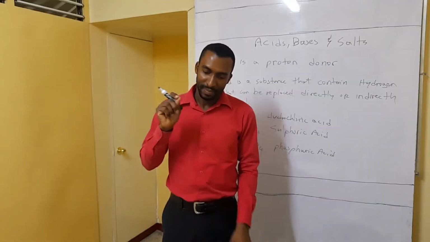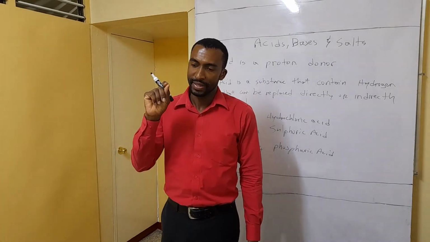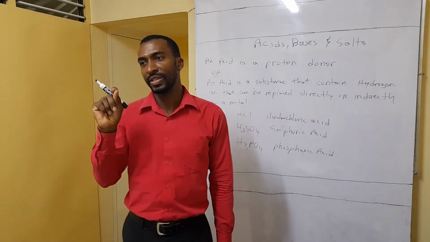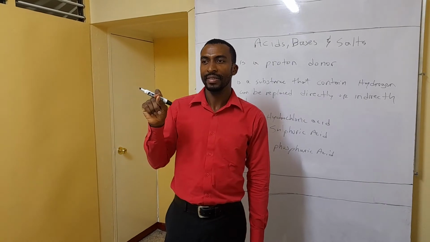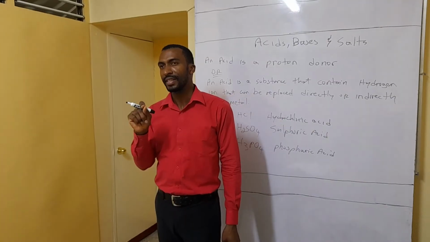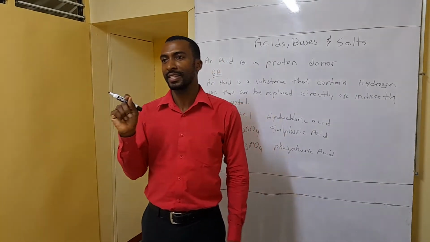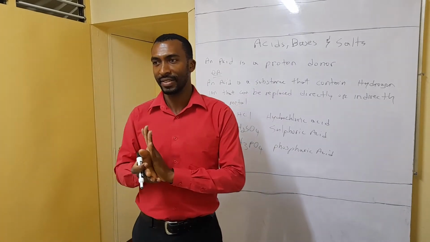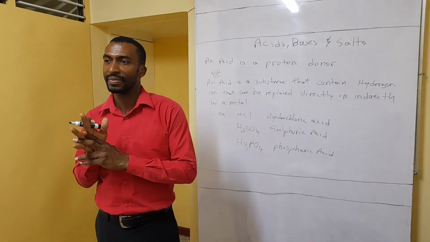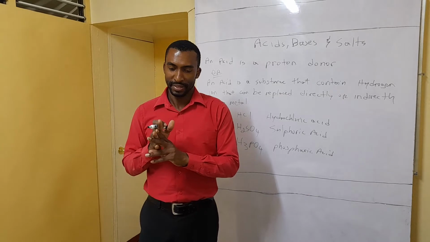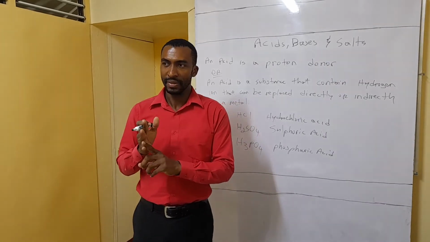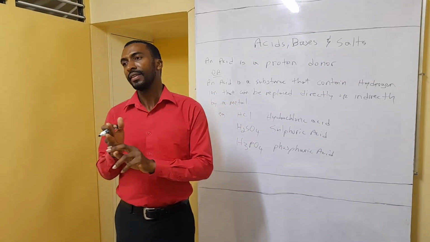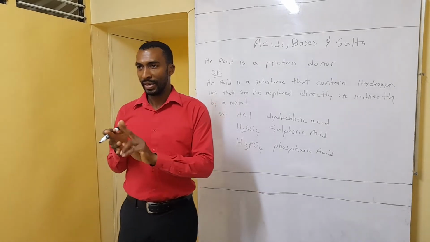An important thing in terms of indicator change is that acids normally turn blue litmus paper red. At CSEC level, it's essential that you know the different indicators used for acids and bases. Litmus paper is one of the basic ones you need to know: it's red in acid and blue in base.